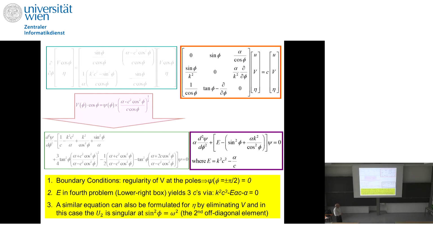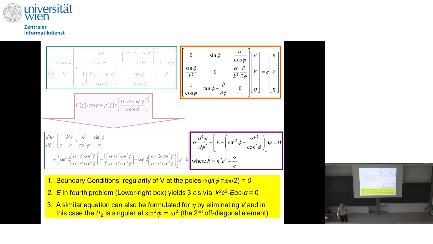Okay, so what can I say about it? Boundary conditions are regularity at the pole. E, of course, in this problem will give us 3 C's as before. Here is the cubic equation. It becomes much simpler, or a little simpler perhaps. But you have to know E from this equation. And I'm just saying it, I'm not going to do it, but you can do the same thing and eliminate eta.